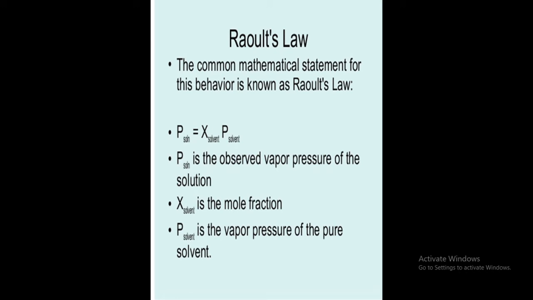Mathematically, it is written as P solution is equal to X solvent into P solvent, where P solution is the vapor pressure of the solution that is observed, X solvent is the mole fraction, and P solvent is the vapor pressure of the pure solvent.